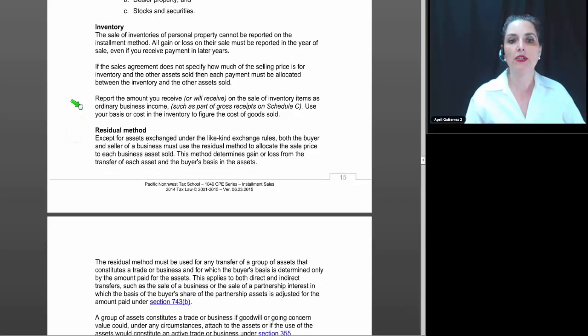You report the amount you receive or will receive on the sale of inventory items as ordinary income. And you do that such as if you were completing Schedule C, you sold assets owned by a sole proprietorship, then those ultimately would get figured into cost of goods sold on Schedule C. And if you were filing an S corporation or a partnership, you would ultimately do the same and get it into cost of goods sold.